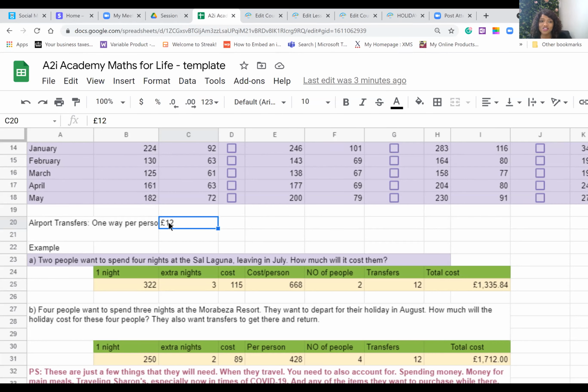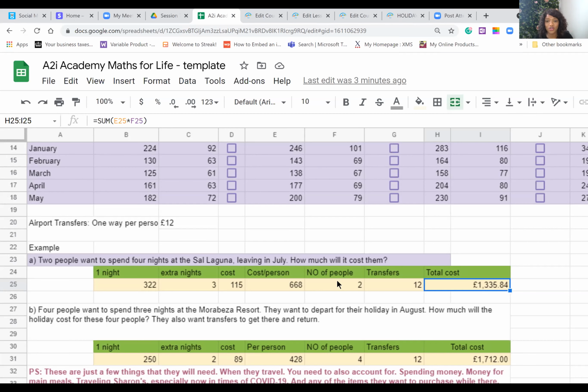They didn't say anything about transfers. And the total cost for 2 people is 1,335.84. And I didn't need to do any calculations because this did it for me. It's literally just multiplying 668 times 2. Okay, does that make sense? Tell me if I'm going fast, because you're going to practice this in a second.